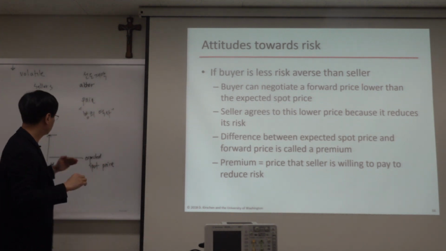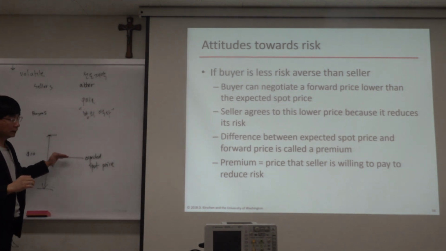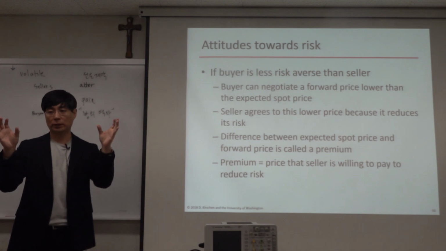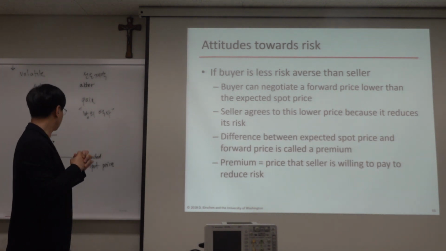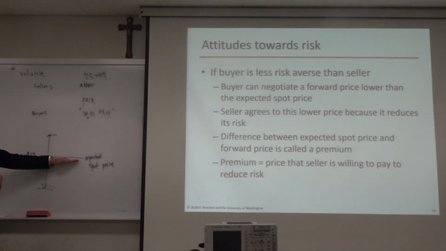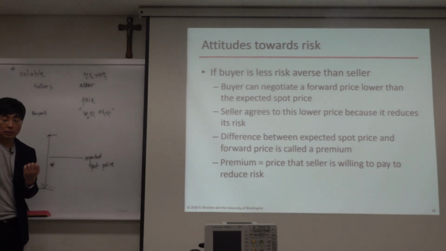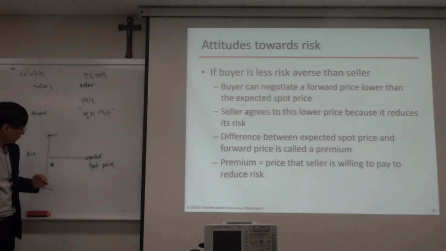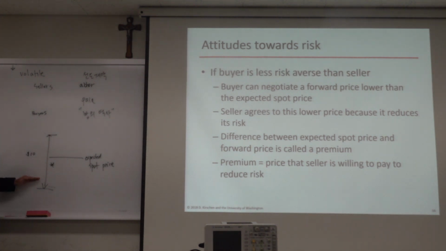The seller is conservative. This is just an expectation; the spot price can be here or there or there. So from the seller's perspective, he still has a chance to sell at this price on that day.